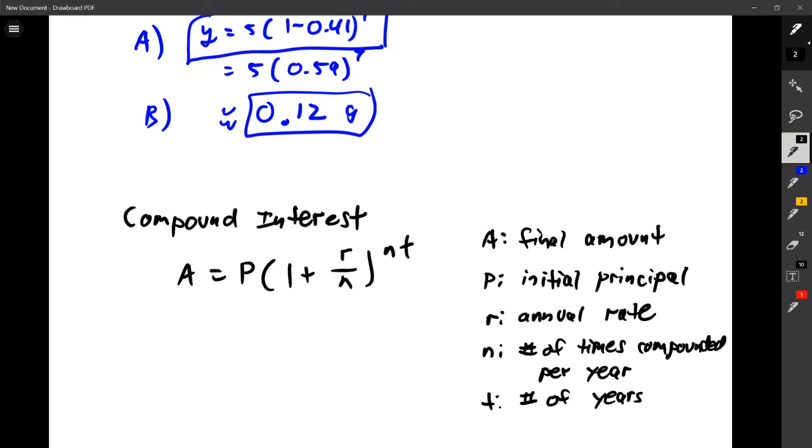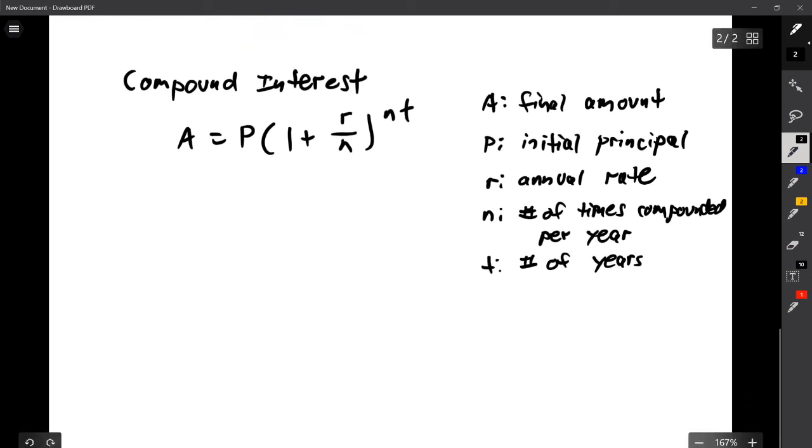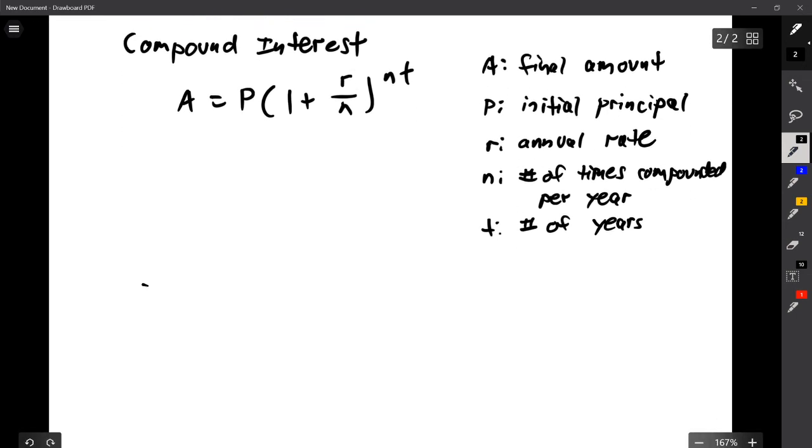If it's compounded weekly, with 52 weeks in a year, R over N gives you the weekly interest rate, and N times T gives you the total number of weeks.